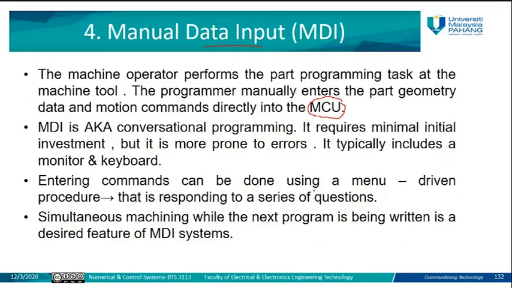So by using the keypad beside the machine and the LCD display, you can develop multiple programs and blocks, and this program block will be saved under one program name or program number, and this program number will be called later on to perform the same task. So manual data input is just entering directly, with no need to use any of the previous three types of system. This is the fourth method to develop the G code for the CNC machine.